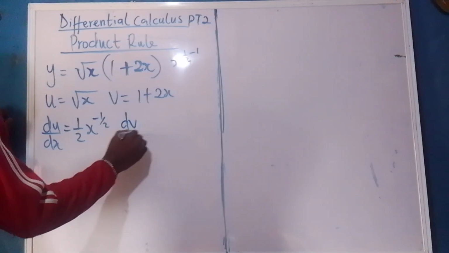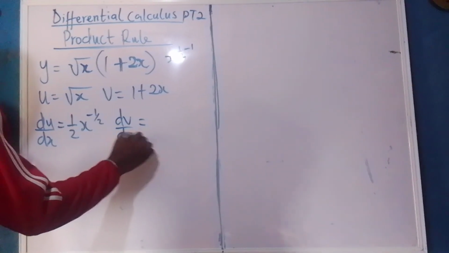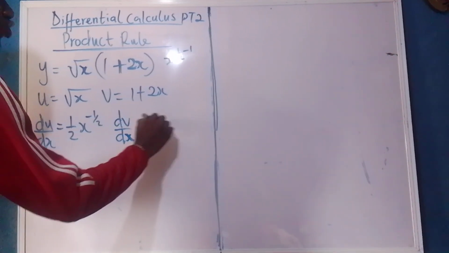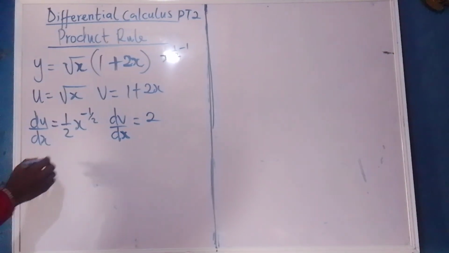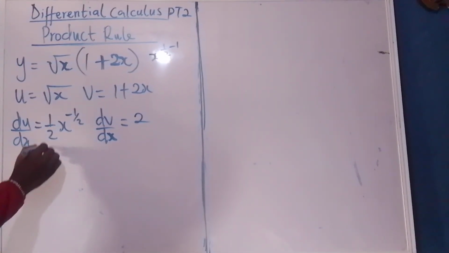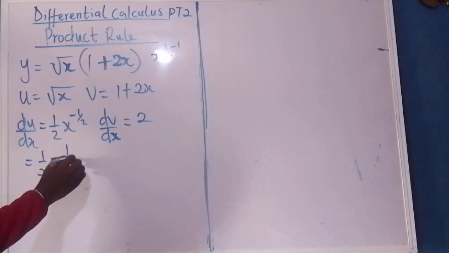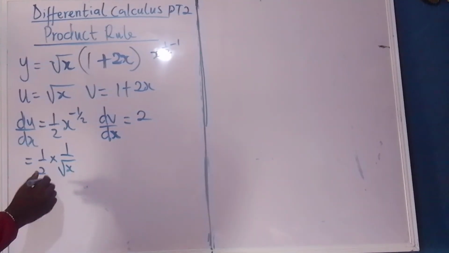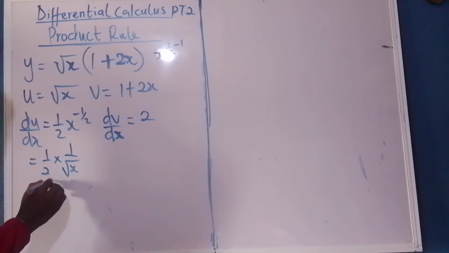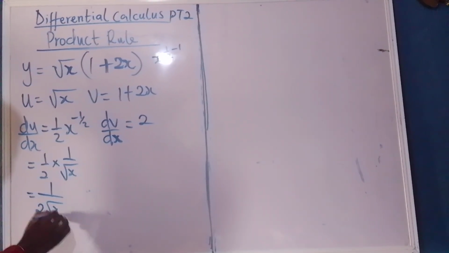So if we now do dv over dx, that's going to give us 2. You understand? So I can further simplify this to be 1 over 2 times this is 1 over square root of x, which is 1 over 2 root x.